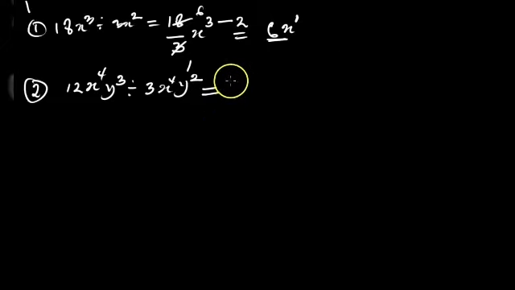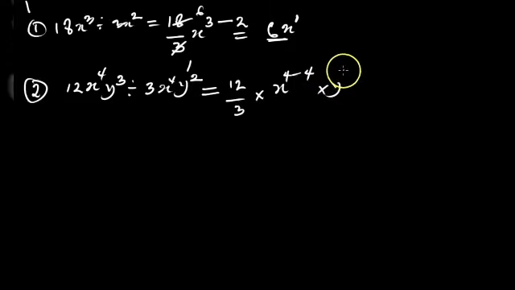Now, I have 12 over 3, times, let's take it one after the other. I have x, collect the x terms: x raised to power 4 divided by x raised to power 4. That's x raised to power 4 minus 4. Multiplied by y: y raised to power 3 divided by y raised to power 2. That's y raised to power 3 minus 2. That's equal to, 3 into 12 is 4.